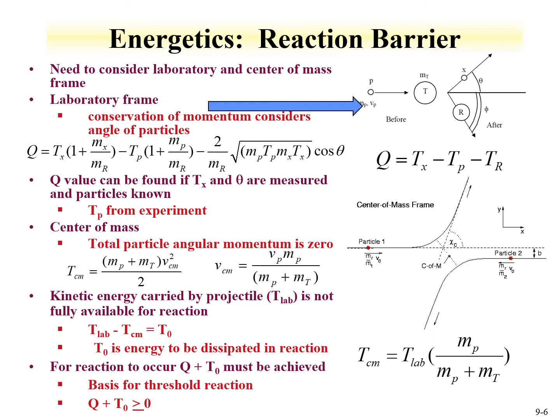So the kinetic energy of X, let it be the particle here. The kinetic energy of P is our projectile. And we also have information related to the kinetic energy of the product.